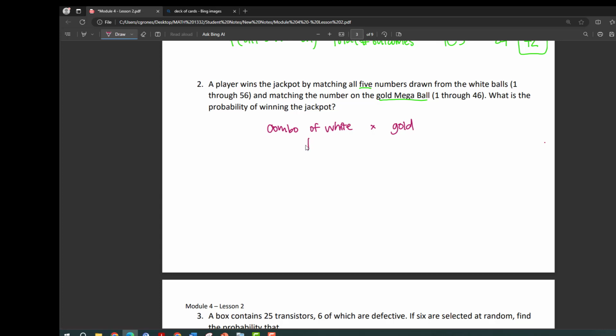So for the white balls, we have 56 total numbers, and we are choosing 5 of those. For the gold balls, we have 46, and we are only choosing 1. So we are going to multiply these together. This is going to be our total number of outcomes for this lottery.